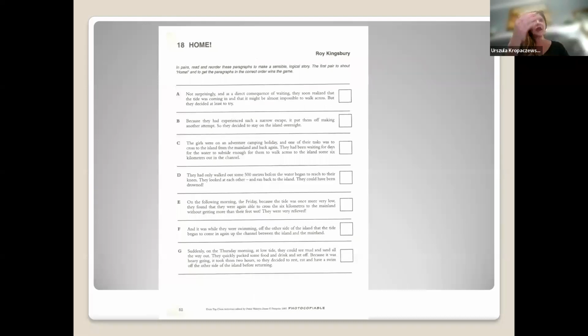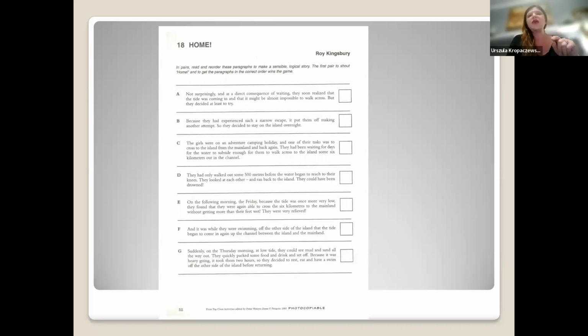It's up to you. That's a text which is divided into pieces, and students are to read and put the paragraphs in the correct order. It is a good reading activity, of course, but this is also a good example of a writing piece.